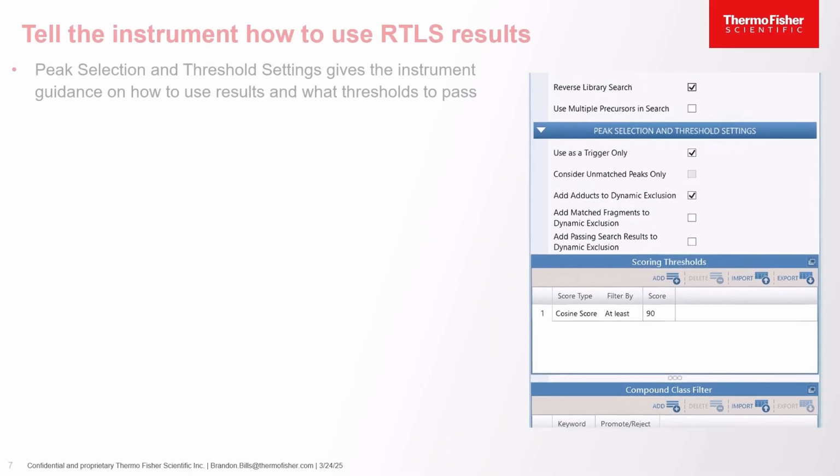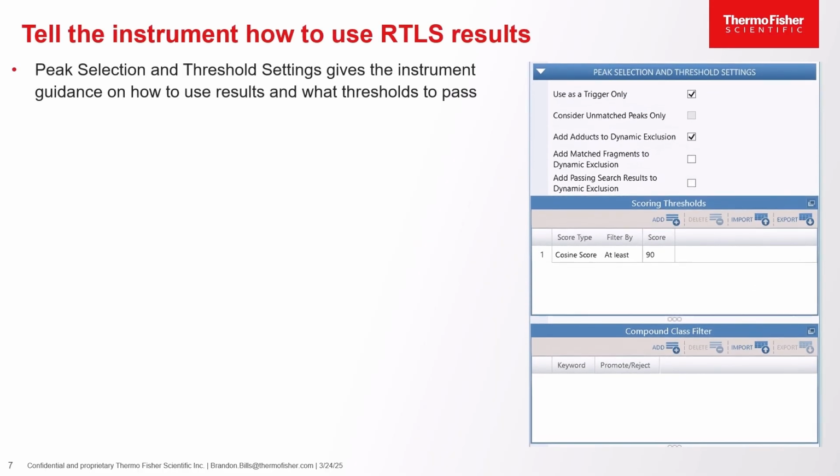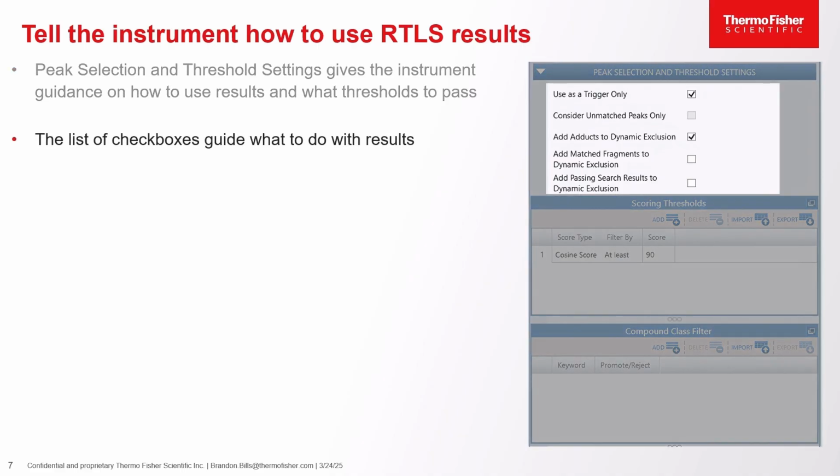We have the peak selection and threshold settings. Now, this gives the instrument more guidance on how to use the results and what thresholds it needs to pass. At the top, we have a list of checkboxes that will guide the instrument on what to do with results. If it's checked to be used as trigger only, that means this filter will only say yes or no. You can move on to the nodes that are beneath this filter.